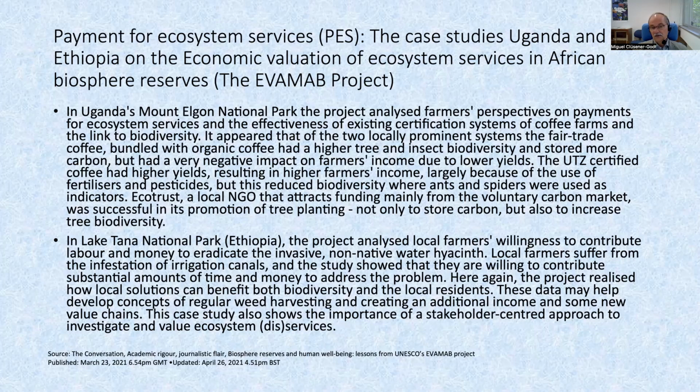In Ethiopia, the Lake Tana National Park, again, something to remove invasive species because they block the canals, they hinder that oxygen goes into the water. So to remove this needs time, work time, and work and time is money.